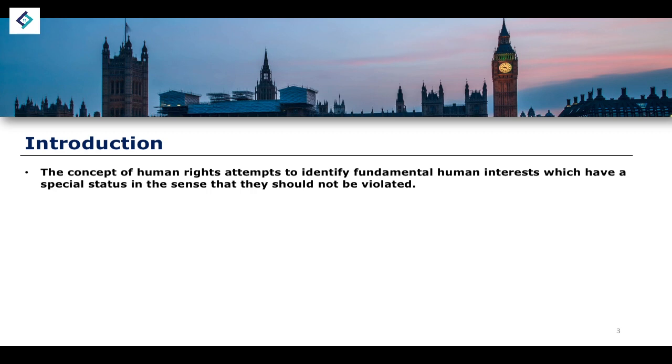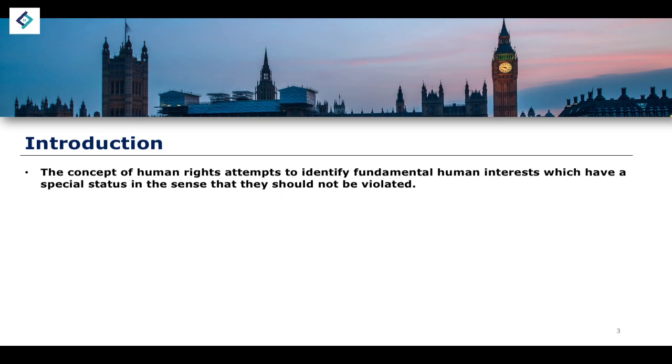Now, if we go to the codified system in the United States and we look at the way in which the US's codified constitution operates, they also have a collection of what are described as fundamental human rights that are codified in the Bill of Rights and even in some of the amendments that are after the Bill of Rights.